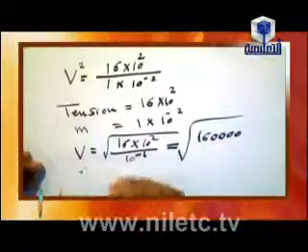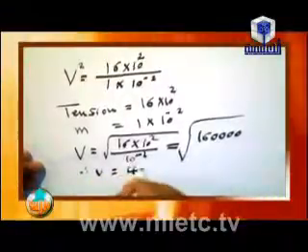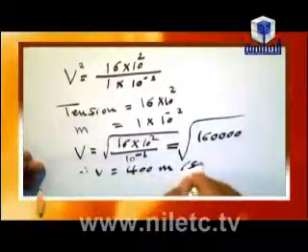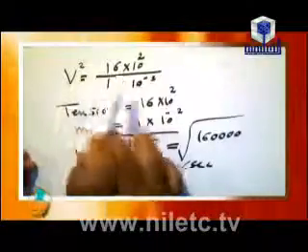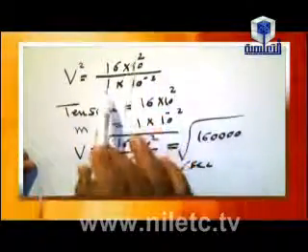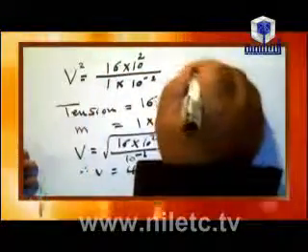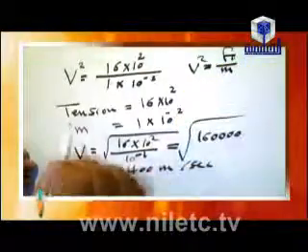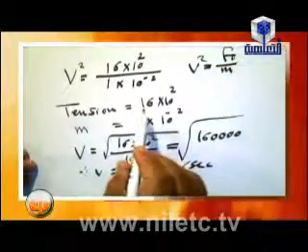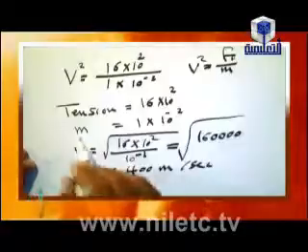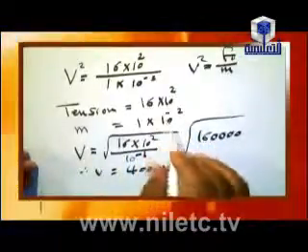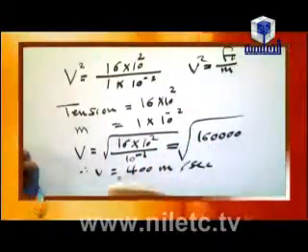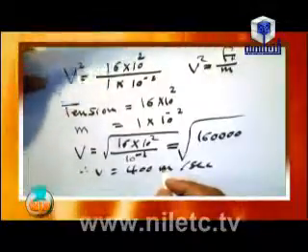Then V equals 400 meter per second. So V squared equals 16 times 10 power 2 over 1 times 10 power negative 2. By this law, V squared equals Ft over m. Ft represents tension, which is equal to 16 times 10 power 2, and m represents 1 times 10 power negative 2, and the velocity will be equal to 400 meter per second.